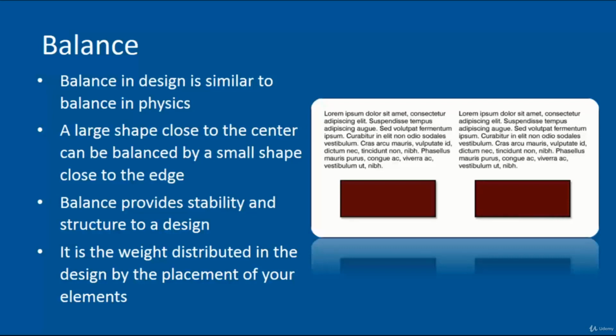So if one box is 250 pixels by 250 pixels, then the other box should follow the same logic. The larger shape close to the center can be balanced by a small shape close to the edge. The balance provides not only stability, but a good structure to your design. And essentially, it is the weight distributed in the design by the placement of your elements, right?